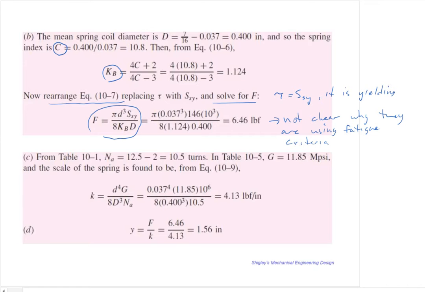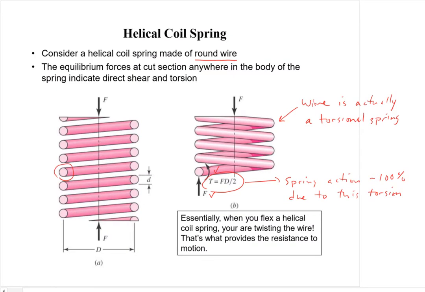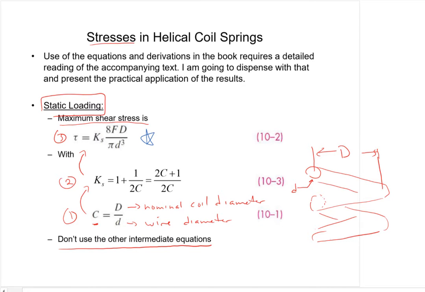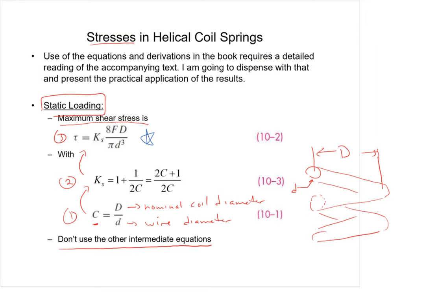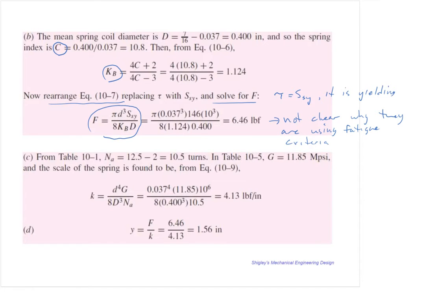I would have, if I were to rework this problem myself, based on the wording, I would have used the other formula for static, which is way back here. I would have used this. In what example problem? That's page 4 versus page 20. Page 4. So I would have used this in part B. Let me see what I'm dealing with here.